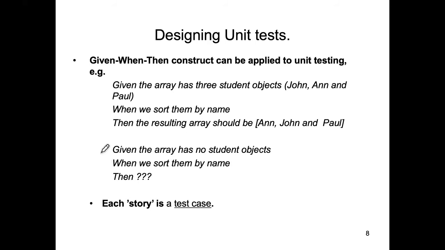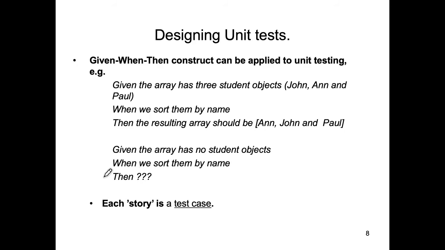Therefore, we can write our particular test for that, because the specification will now tell me exactly what the method should do. Maybe the specification says it should return undefined or null, in which case I make sure I write my tests to check that it does return null or undefined.